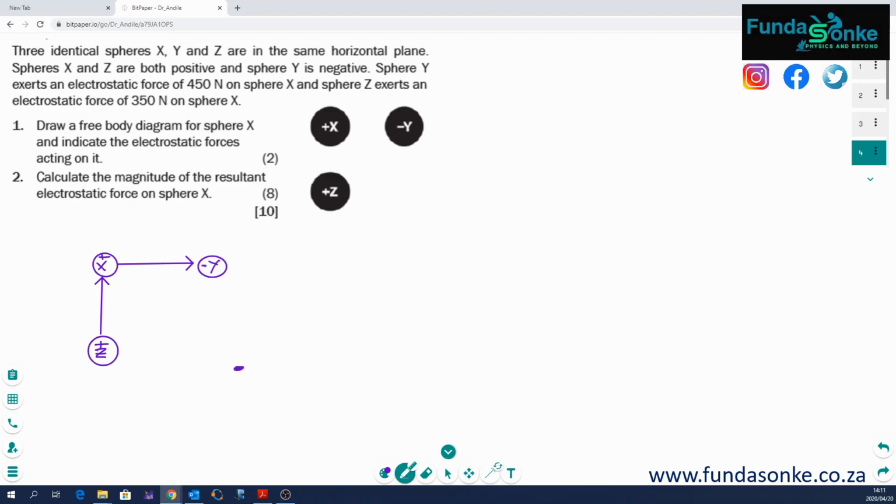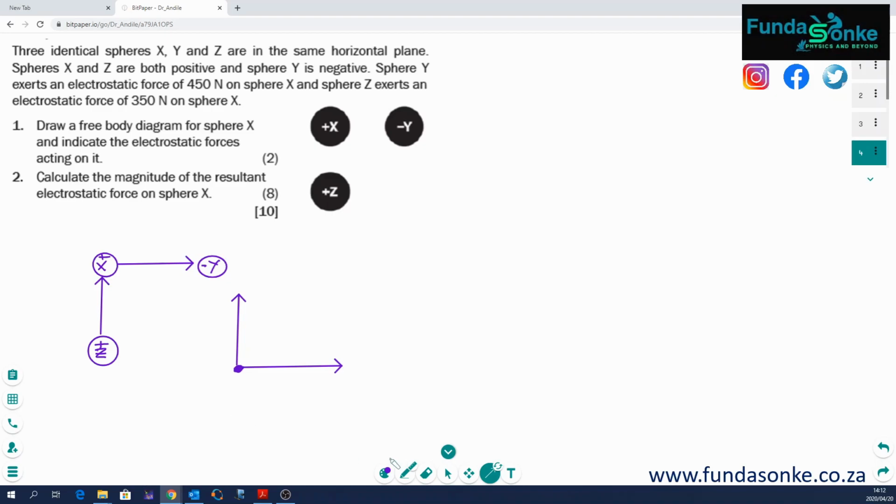So I'll have a point mass there, like that, such that my force of attraction towards Y will be represented by an arrow to the right, while the repulsive force from Z acting onto X will then be a vertical arrow acting vertically upwards, like that.